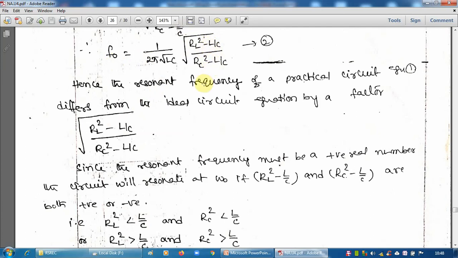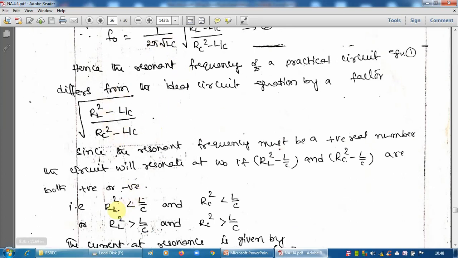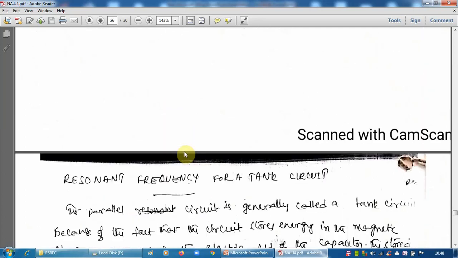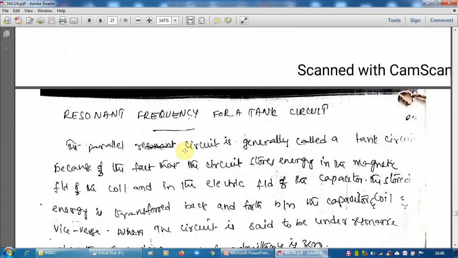That is the only possible case. So for this factor, if the numerator is negative, the denominator should also be negative. If the numerator is positive, the denominator should also be positive. Same thing here. Those are the conditions.